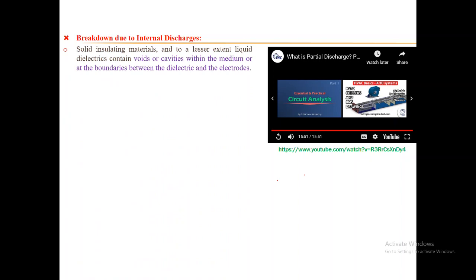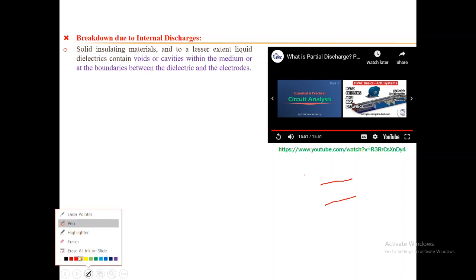So to understand the phenomena of the breakdown because of the involvement of this localized discharge at the cavities or the voids present in the dielectric material, let me first consider a simple geometry where the 2 electrodes are separated by a given dielectric consisting of an internal void as an imperfection.